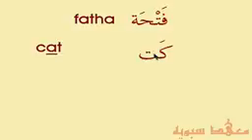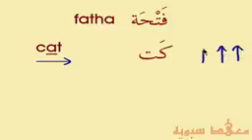And obviously in English we write from left to right, while in Arabic we write from right to left. So in English, when we read a word, we read it this way. In Arabic, it's actually upwards, like that. So we read the first letter and what haraka it has first, the second letter, what haraka it has, and so on.